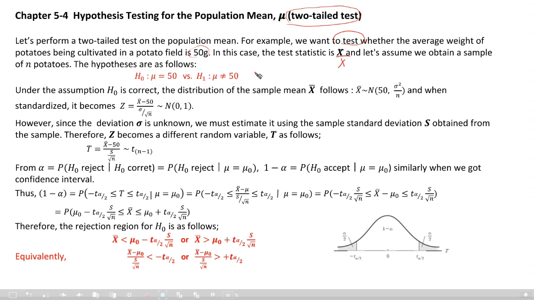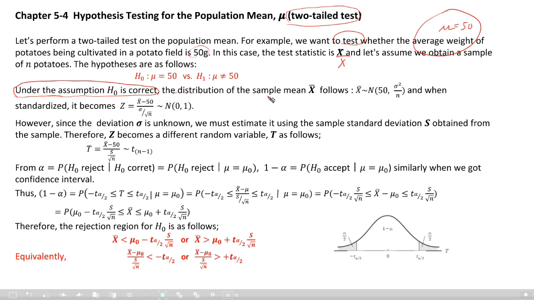The hypotheses are H0: mu equal to 50 versus H1: mu not equal to 50. Okay, two hypotheses. This is important. Under the assumption that H0 is correct, the average weight mu is 50. That is an assumption, a pre-assumption.